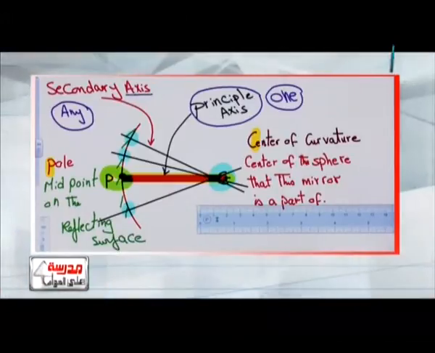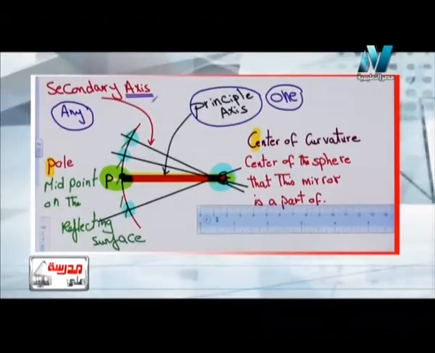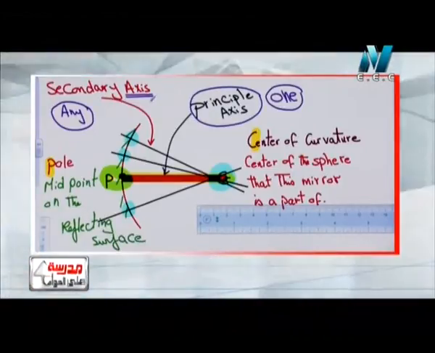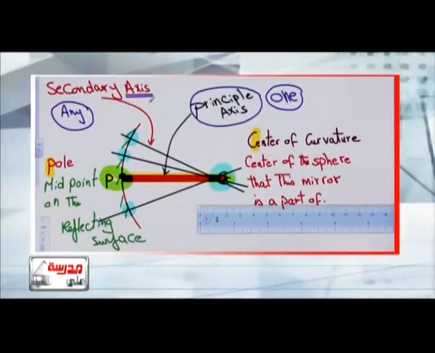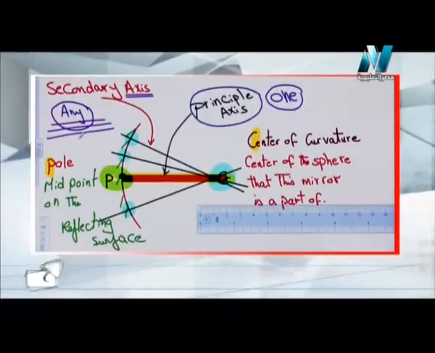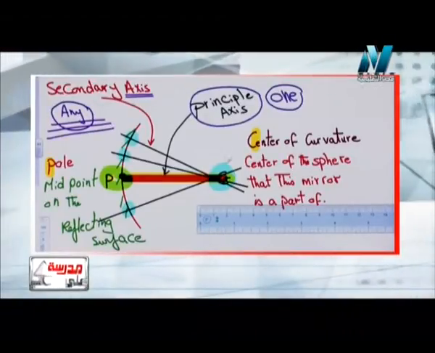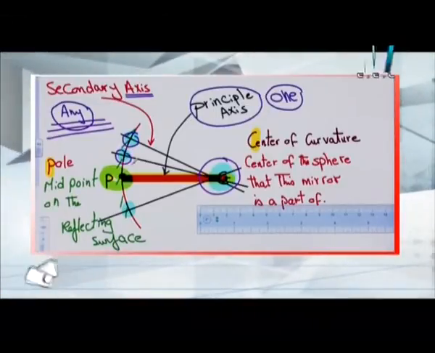We have an infinite, uncountable number of secondary axes in the concave or convex mirror, because it is any straight line that connects between the center of curvature and any point on the mirror except the pole.